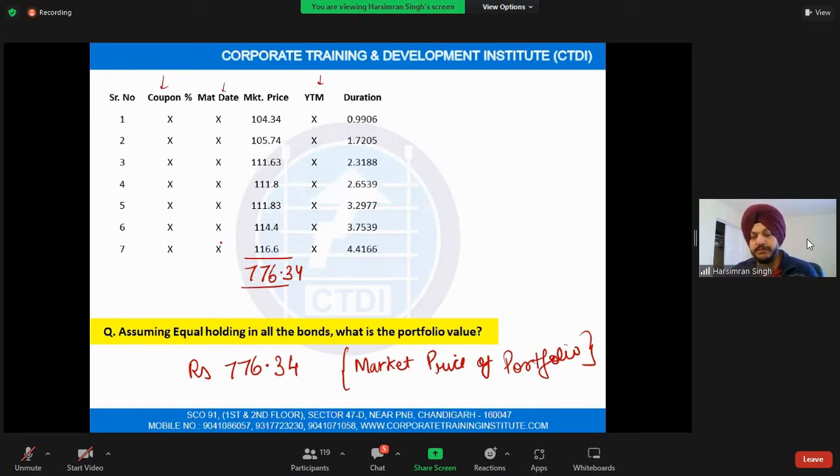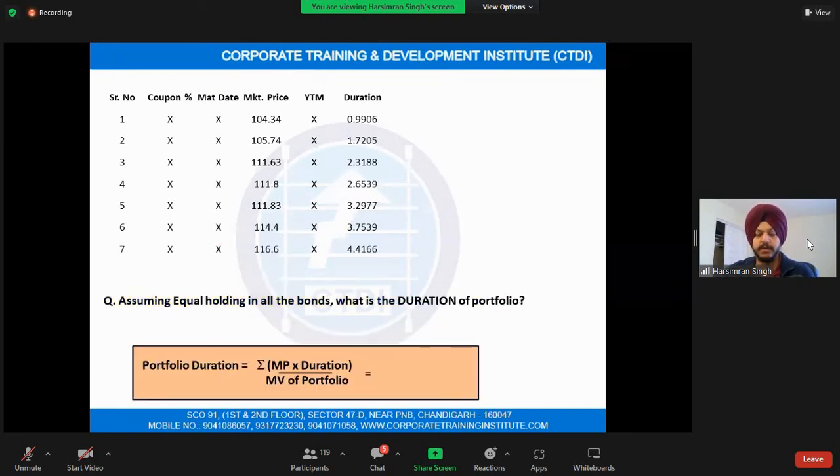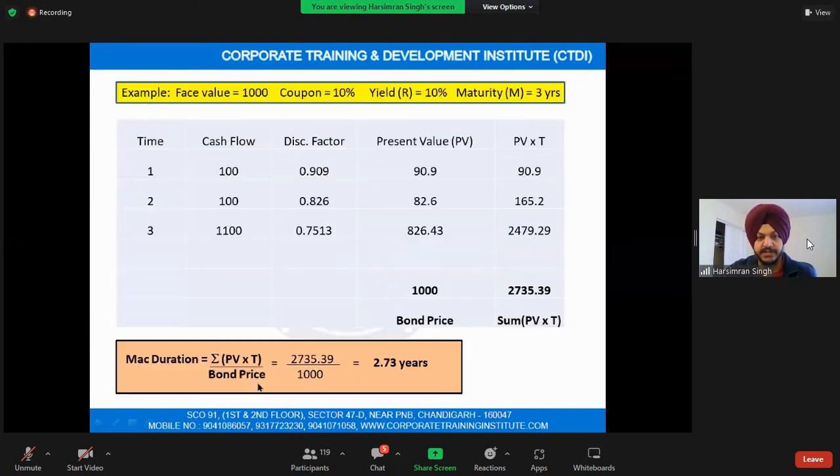The first question was easy. Question number 2 was difficult. In question number 2, they asked in the same question, assuming equal holding in all the bonds, what is the duration of the portfolio? This is the formula for duration of a portfolio. In the previous question, this was the formula for the duration of a single bond.